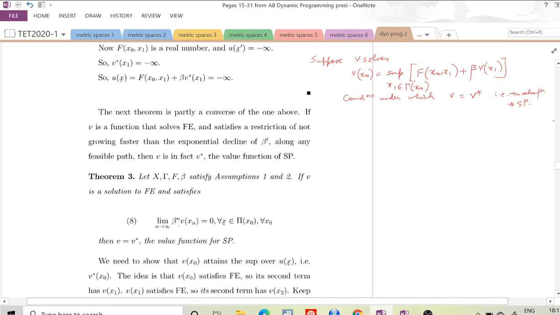If this additional condition is satisfied as well, then V, the solution to the functional equation, is actually just V star, the value function for the sequences problem.